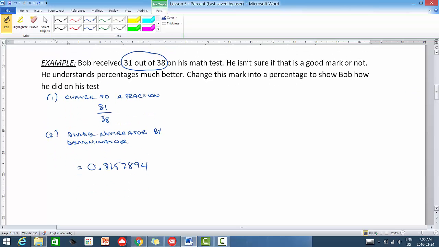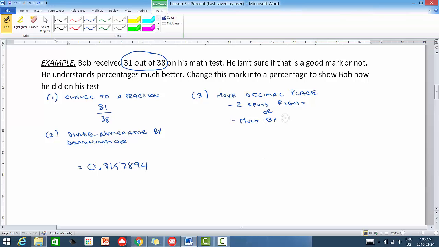Our last step here ends up being move the decimal place two spots right, or like we said above in the remember section, multiply by 100.